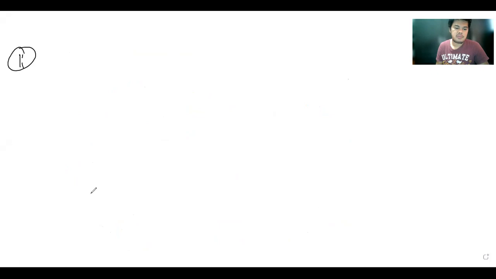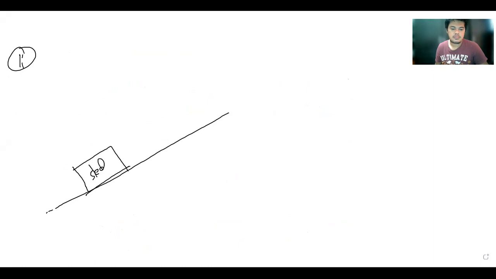So we are now in problem number 11. This would be the sled. The weight of the sled is 1,200 pounds, and this is the weight, which will always be vertical, pointing downwards.